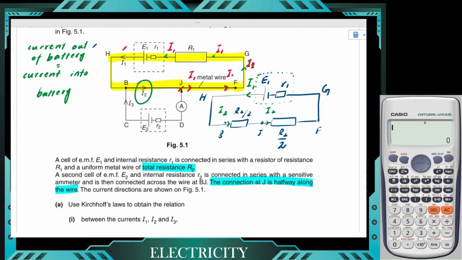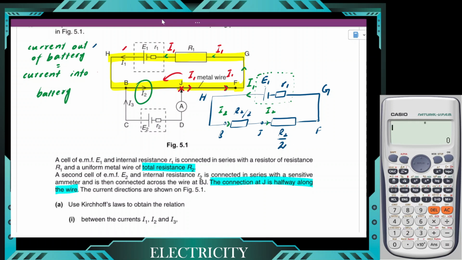But this is a point where the current was divided. So behind this point J, the current is no longer I1. It is I2. That makes sense because in this part there was no deviation in the current, and exactly at point J there is some deviation.